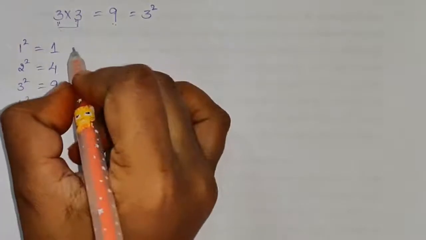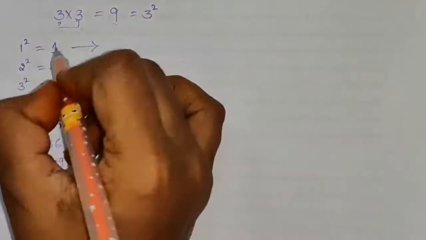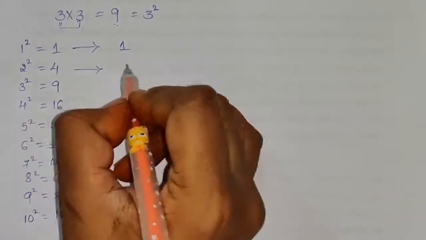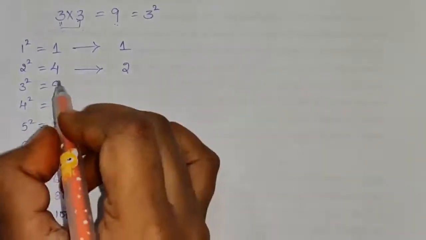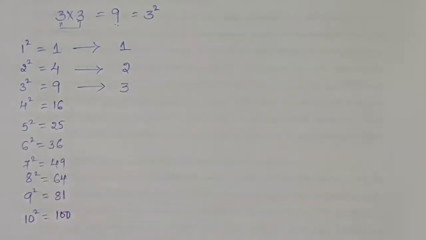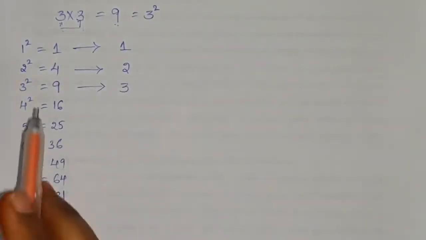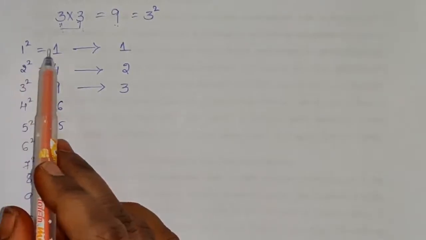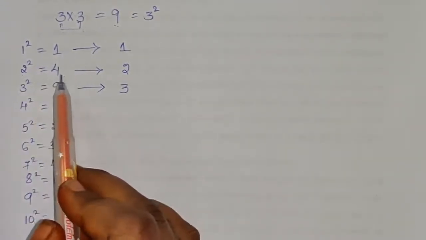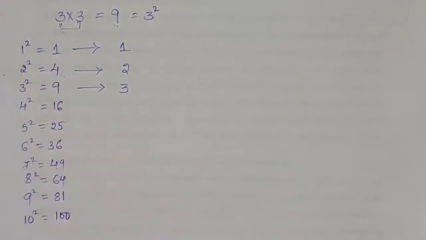And we can say that the square root of 1 is 1, the square root of 4 is 2, and the square root of 9 is 3. Here the square of number 1 is 1, the square of number 2 is 4, but the square root of 4 is 2. It is an inverse operation.